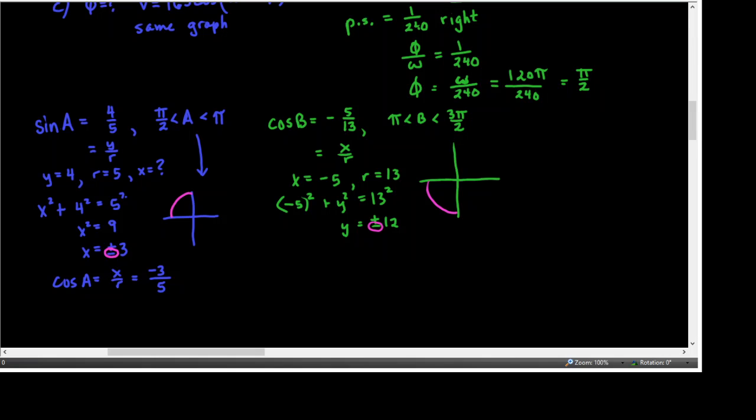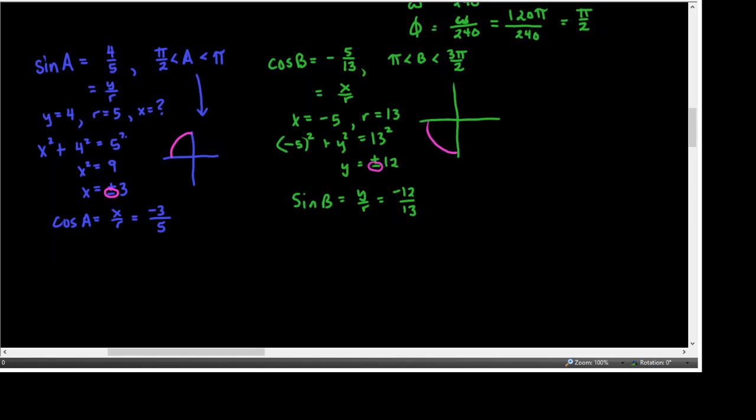So that means that the sine of b, which is going to be y over r, is negative 12/13. Okay, so now we have all the information we need to do all of those problems that they ask us to calculate the value for.